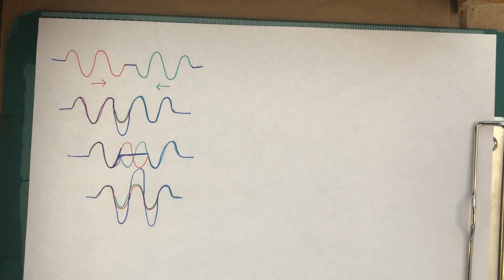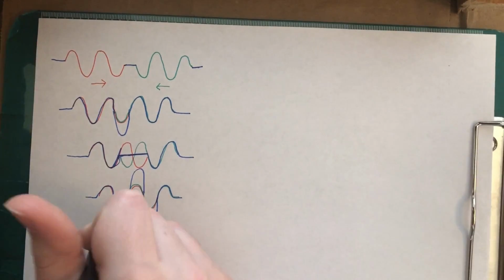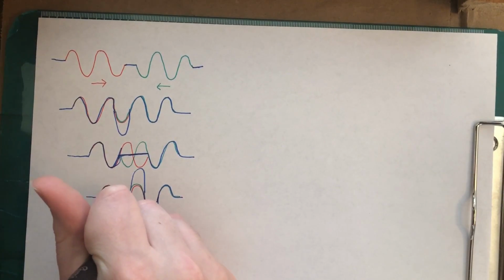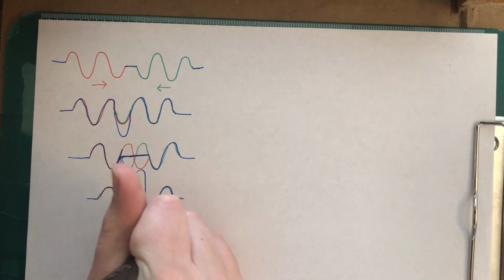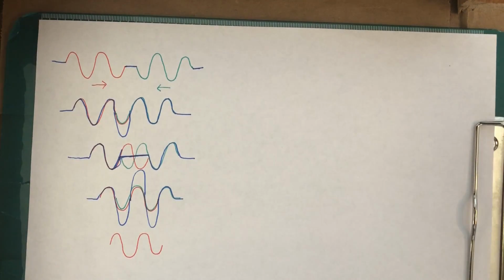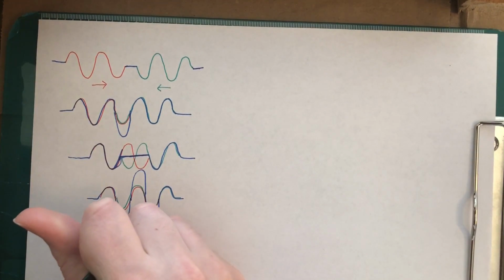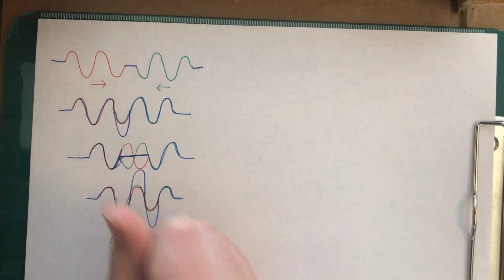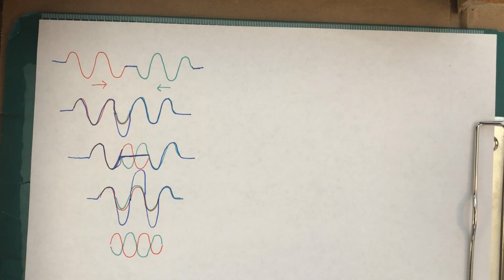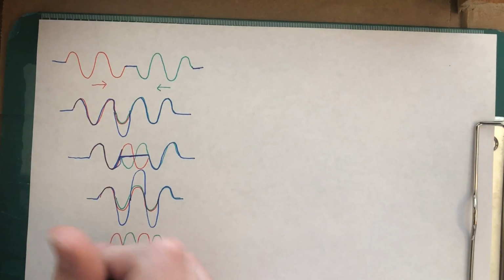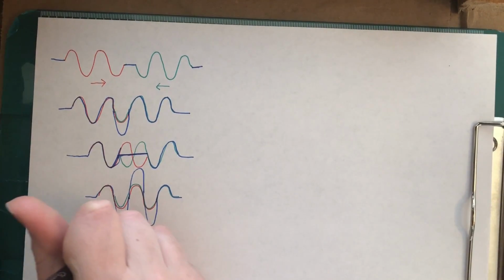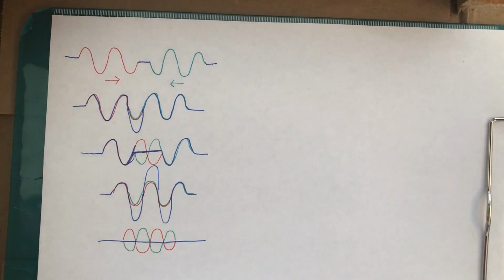Now as they continue moving through, I'm going to have them line up exactly. So here's my red wave. The green wave has now moved completely on top of it. And we can see that all the tops of the red line up with the bottoms of the green and vice versa. So everything gets canceled out.